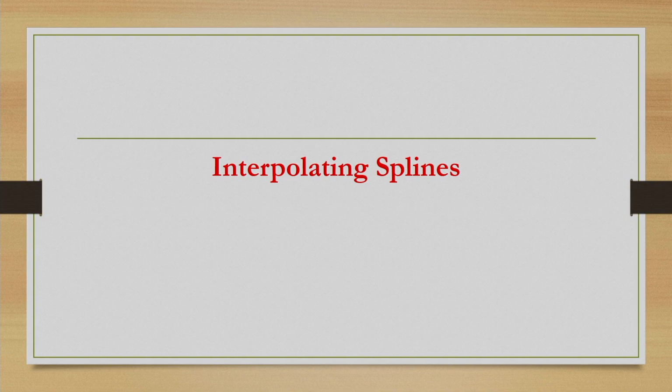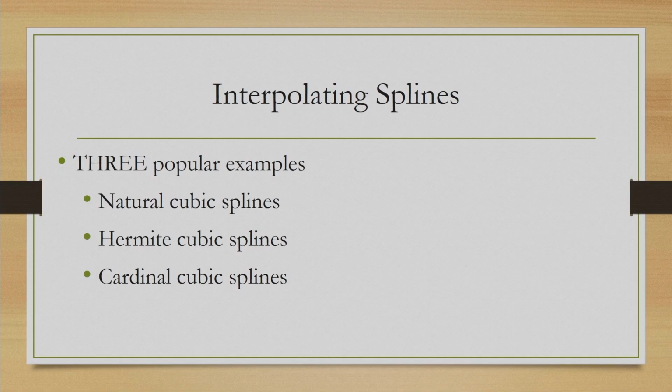If you recall, interpolating splines are those where we define a set of control points and the spline curve passes through those points. And we also mentioned three popular interpolating splines, namely the natural cubic spline, the Hermite cubic spline and the cardinal cubic splines.